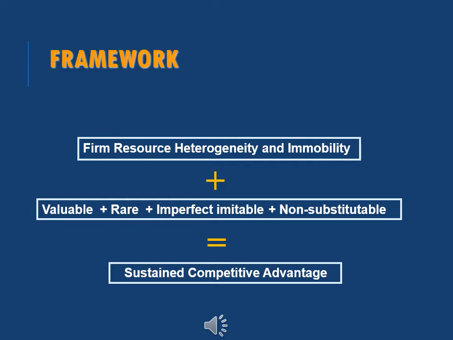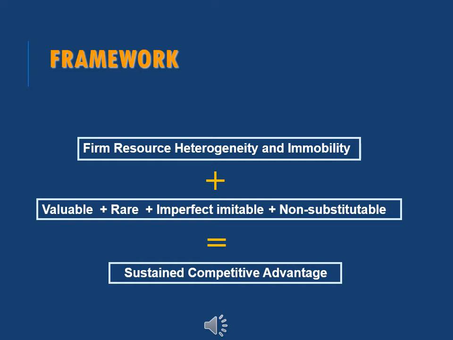So coming back to the slide, in order for something to comply with the resource-based view, it needs to meet the 4 conditions: valuable, rare, imperfectly imitable, and non-substitutable. Plus, there are the 2 underlying assumptions that we look into: heterogeneity and also immobility.